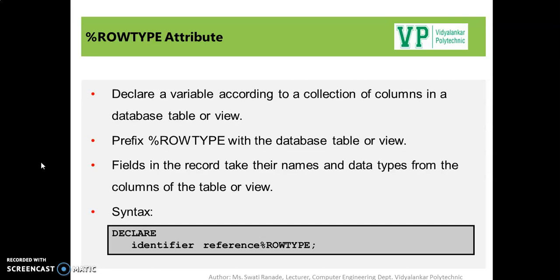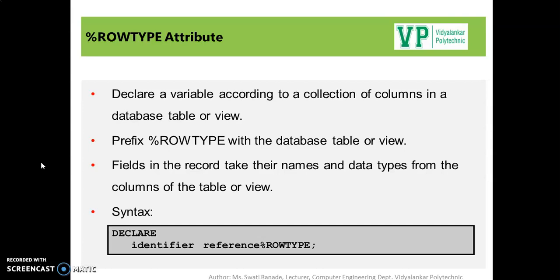It simply means that when we want to take data from multiple tables, and if we want to make that data retrieval as a record, at that time we can use the %rowtype attribute.